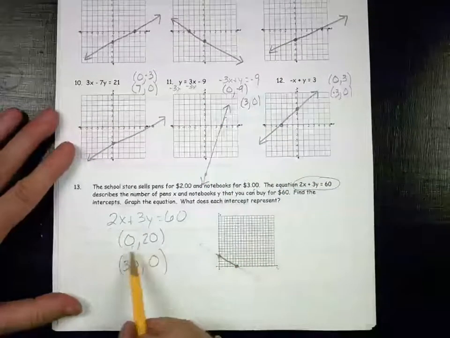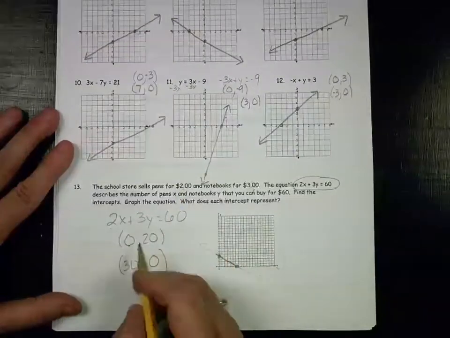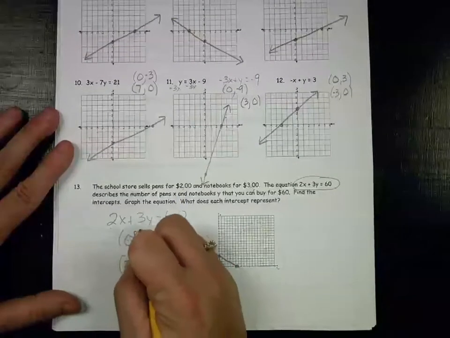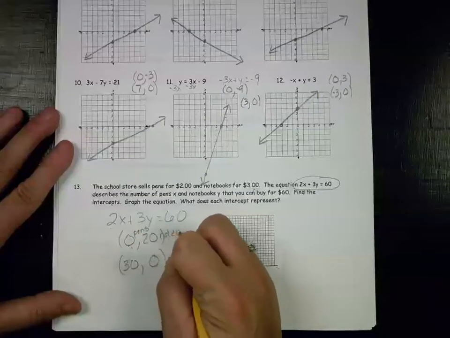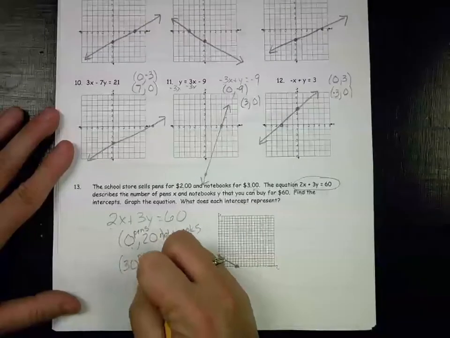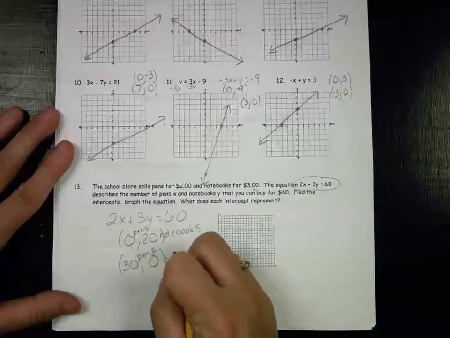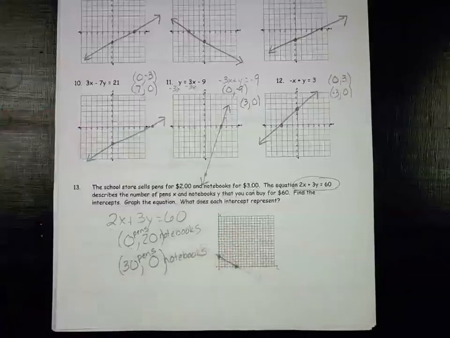What this stands for is you could buy 0 pens and 20 notebooks, or you could buy 30 pens and 0 notebooks. And that's what those numbers stand for on that graph.